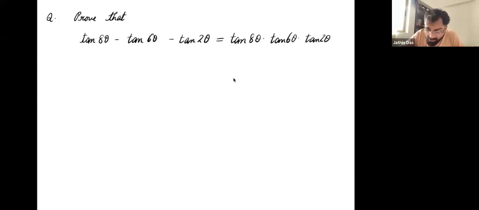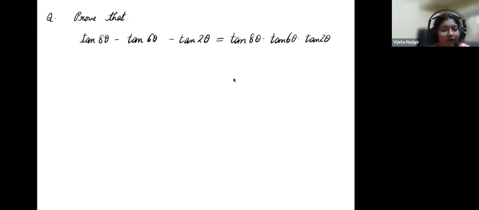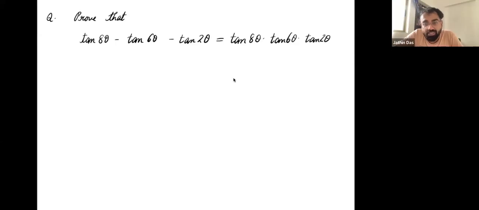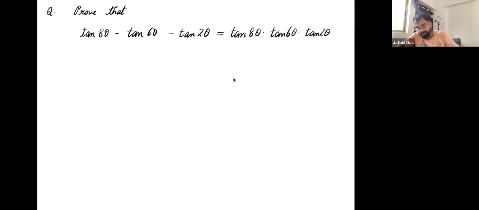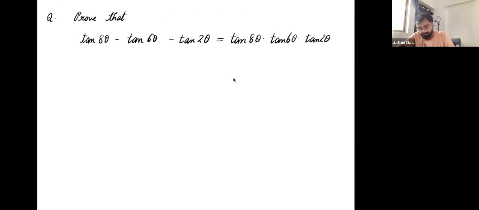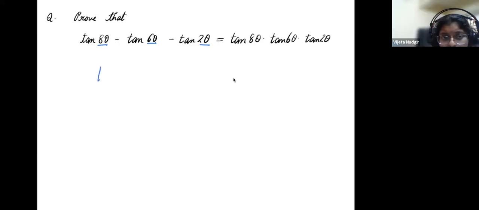No, it's not 80, it's 16. It is 8 theta, 6 theta. But yes, it will work for 20, 60 and 80 also. But let's say it's theta. Anything? 6 theta plus 2 theta. Okay, what happened? 8 theta minus 6 theta.